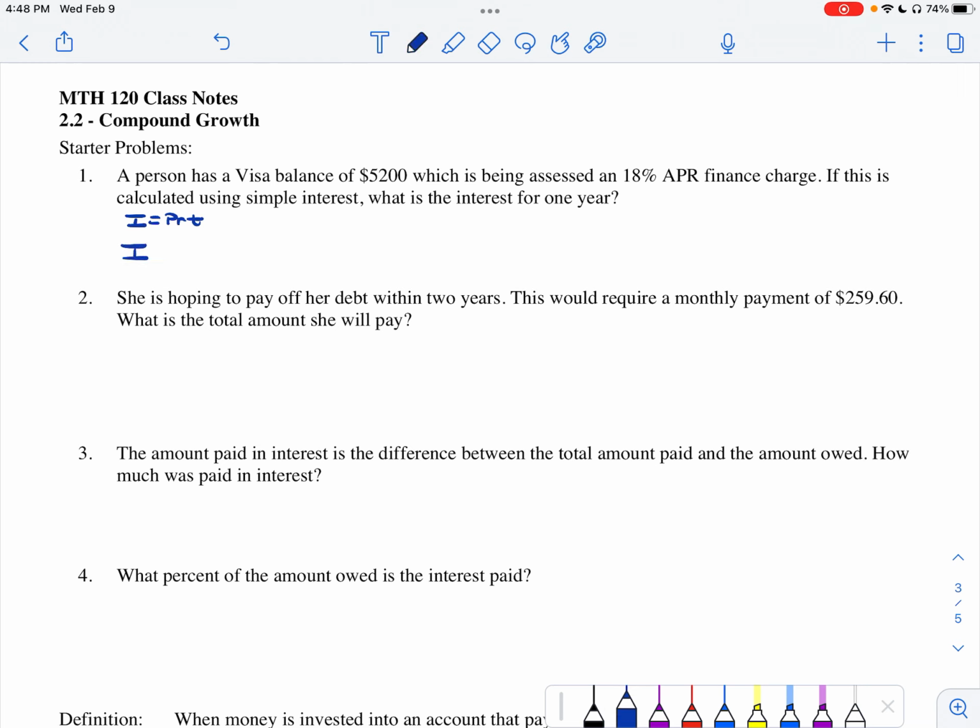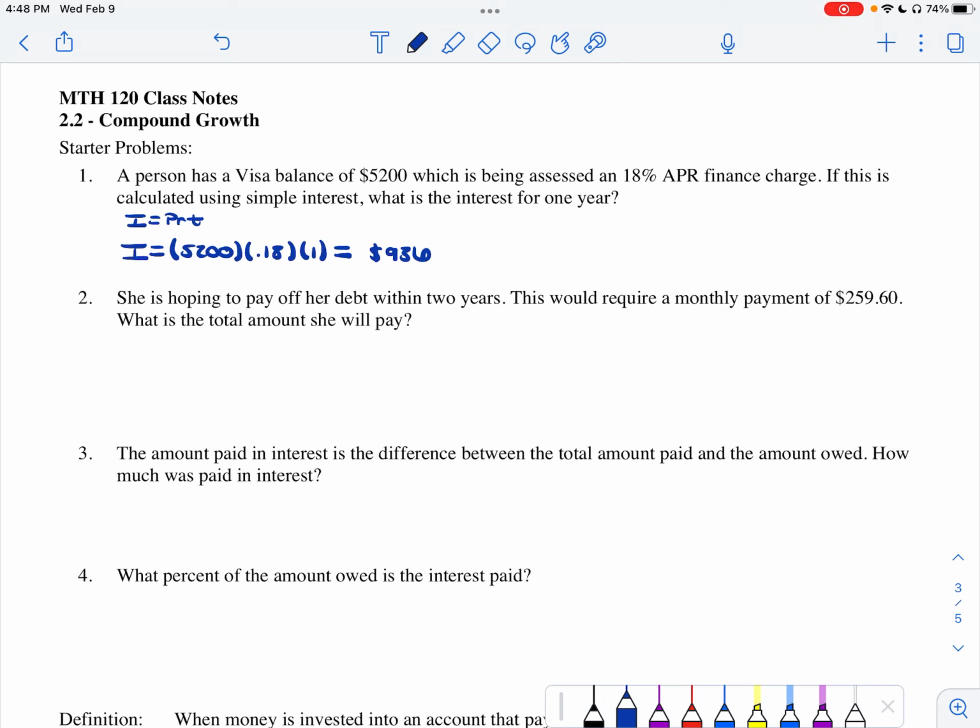So in this case, our I would equal 5,200 times 0.18 times 1. If you punch that into your calculators, 5,200 times 0.18 times 1 would give us $936 in interest.